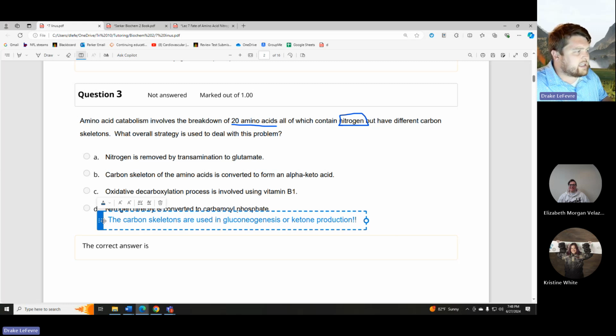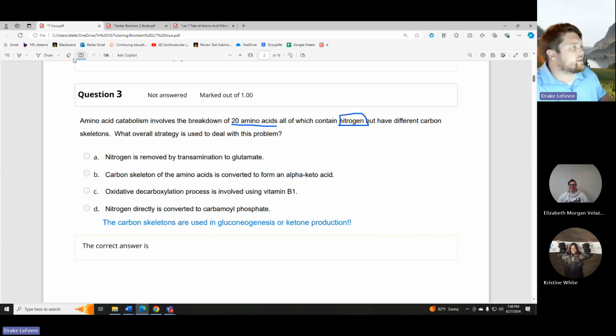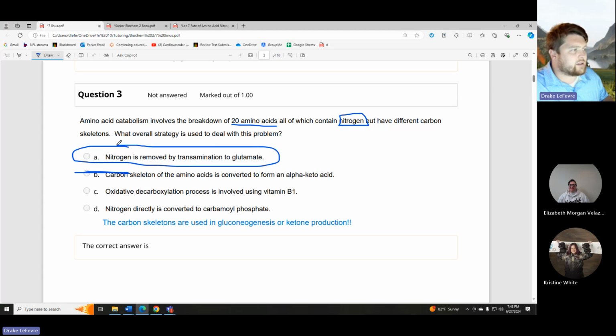And honestly, if that's the answer that was available, that's the one that I would like. But we look at the rest of these, the carbon skeleton is converted to form an alpha keto acid. That's not quite the case. And then these other ones, we could dive deeper into them, but right now I don't think it's the best use of our time. But at the end of the day, for this specific question, this is going to be our best answer.